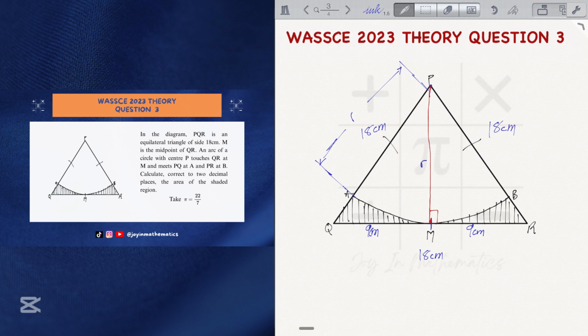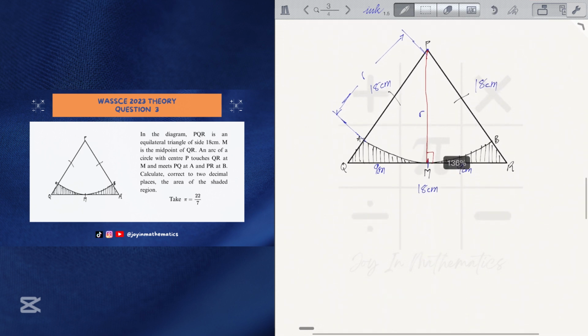The question now says calculate correct to 2 decimal places the area of the shaded portion. Now, how do we find the area of the shaded portion? We know that this whole thing here is a sector, and we know that PQR is a triangle. So the area of the shaded region will be equal to what?